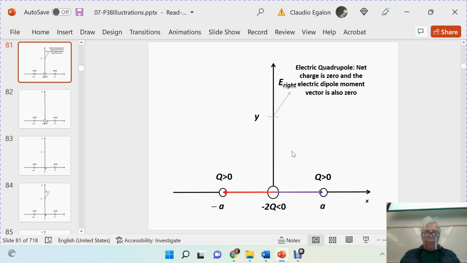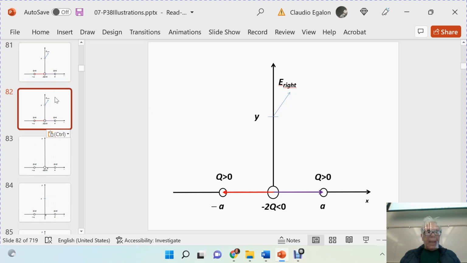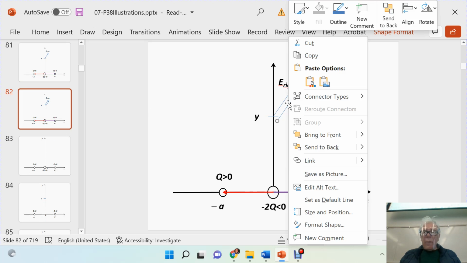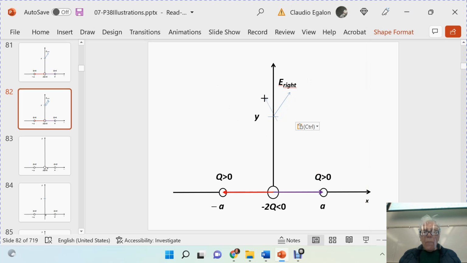Here you go. The electric field of the positive charge on the left is in this direction, to the right at an angle. The electric field for the other charge on the right is going to be to the left, like that.